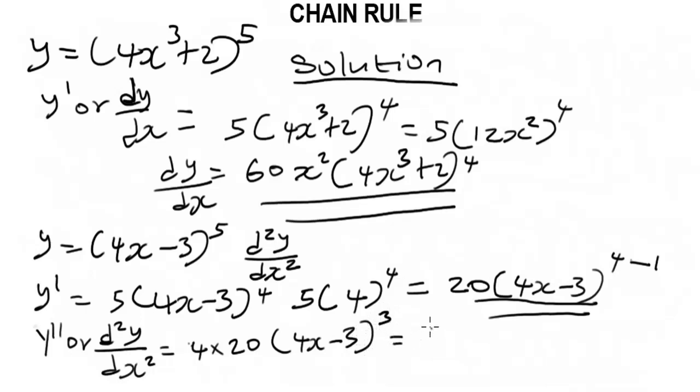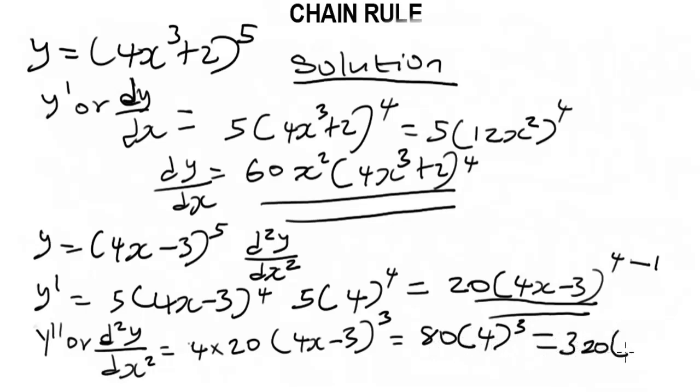So we're going to have 4 times 20, that's 80. So 80 times the derivative of what is in this bracket. So we're going to have 4. The derivative of 4x is 4. The minus 3, the constant, is 0, so it's nothing. It's the power 3. So our final answer will be 80 times 4, which gives us 320.